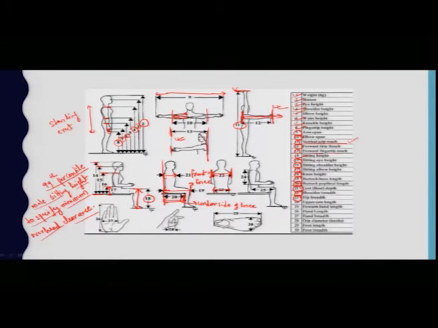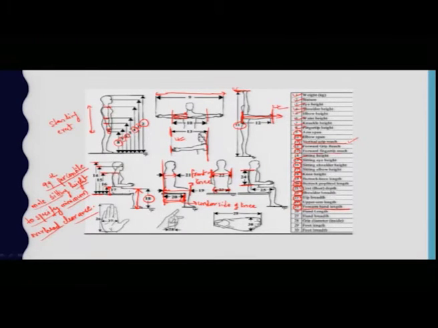So, this breadth is known as hip breadth. 24 is the upper arm length. As you can see, from the upper portion to the elbow, this is known as upper arm length.